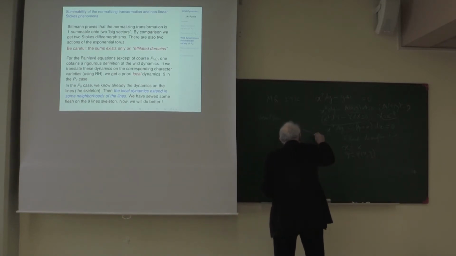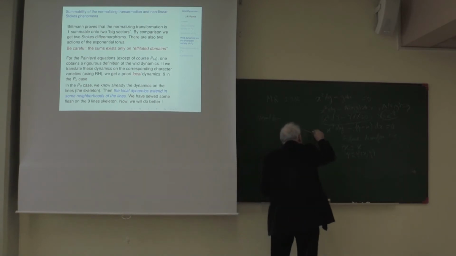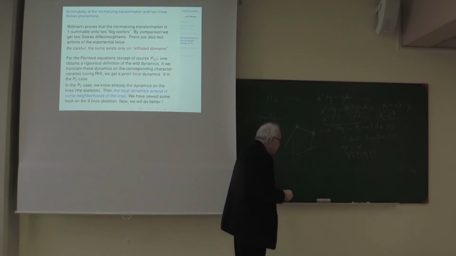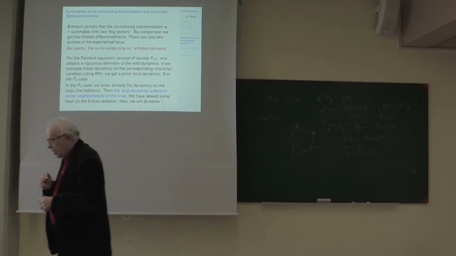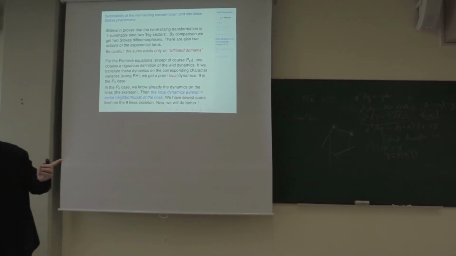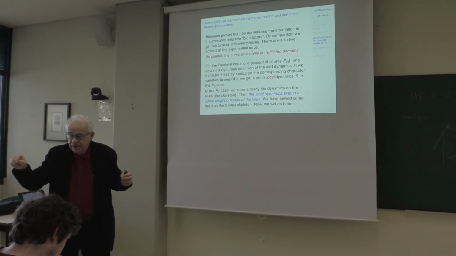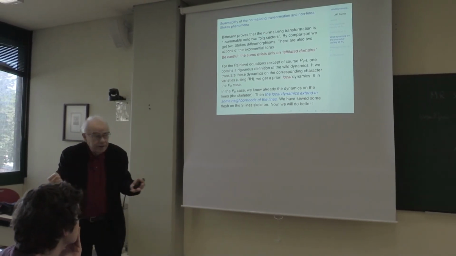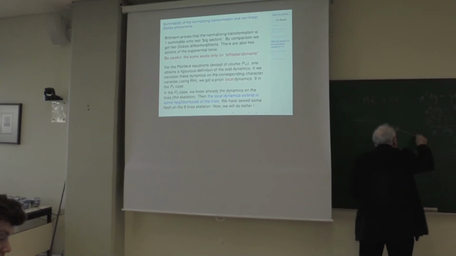Here, at such a point, you have a dynamic, and of course you can extend it a little bit to a small neighborhood of the point. Okay, and now, using the Russian results, you have an explicit affine transformation that you can write, then you can extend this from this point.